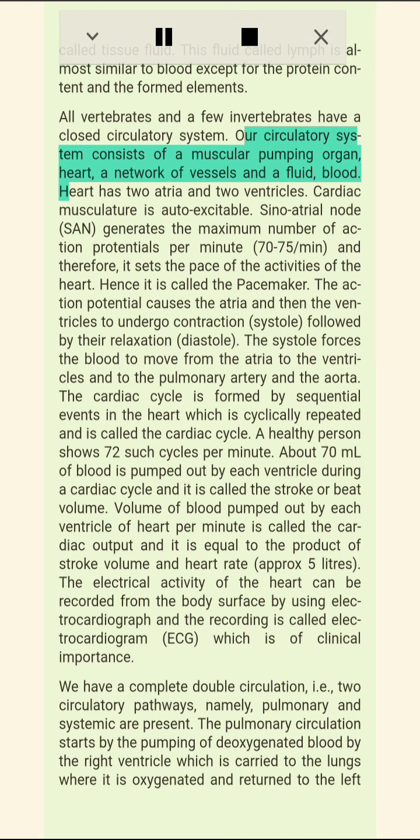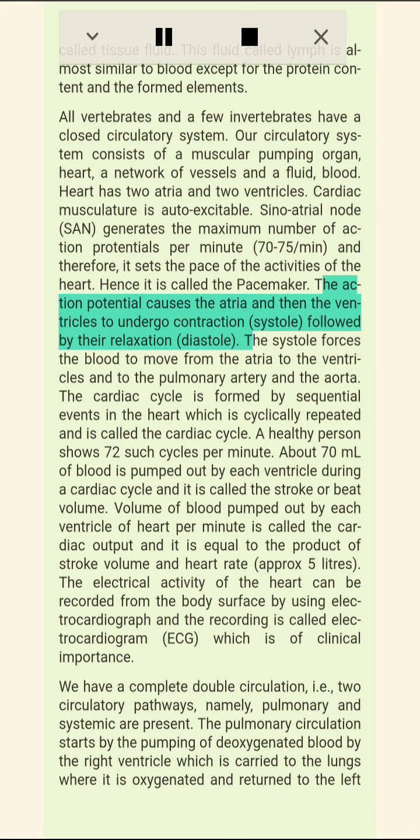Our circulatory system consists of a muscular pumping organ, the heart, a network of vessels and a fluid, blood. The heart has 2 atria and 2 ventricles. Cardiac musculature is autoexcitable. The sinoatrial node, SAN, generates the maximum number of action potentials per minute, 70 to 75 per minute, and therefore it sets the pace of the activities of the heart. Hence it is called the pacemaker.